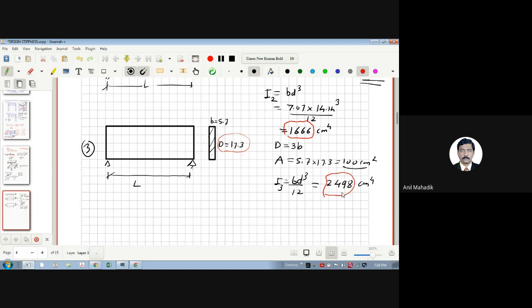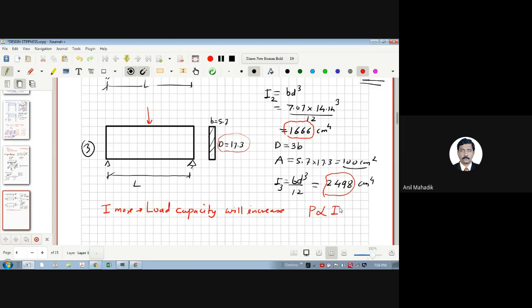Then you can increase the moment of inertia. What is the use of this? If the I is more, the load capacity will increase. Yes or no? The load capacity of this section will increase. So let's say load is proportional to moment of inertia.